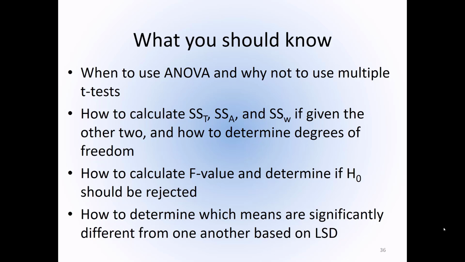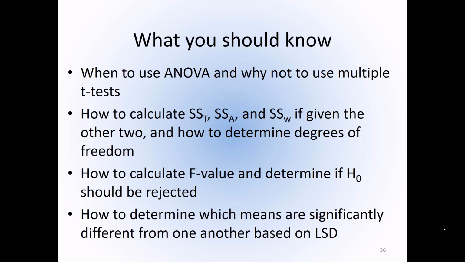You should know how to calculate the total sum of squares, among group sum of squares and within group sum of squares if you're given the other two, and how to determine the degrees of freedom for each of these, and then how to calculate the f value based on the mean sum of squares and determine if the null hypothesis should be rejected. And then lastly, as we covered in this video, how to determine which means are significantly different from one another based on the least significant difference if we have significant difference in these means based on ANOVA.